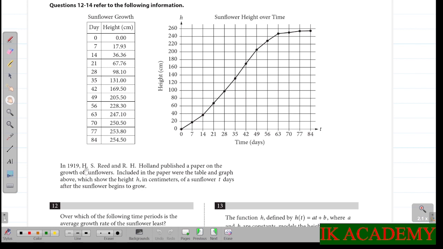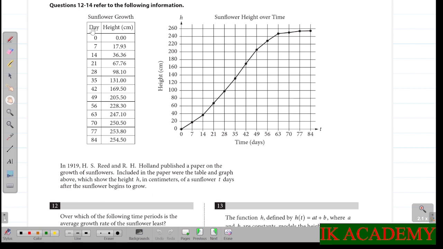In 1919, H.S. Reed and H.S. Holland published a paper on the growth of sunflowers. Included in the paper were the table and graph above. So we have been given a table and a graph here, which show the height h in centimeters of a sunflower t days after the sunflower begins to grow.